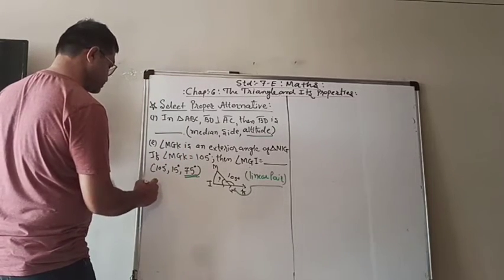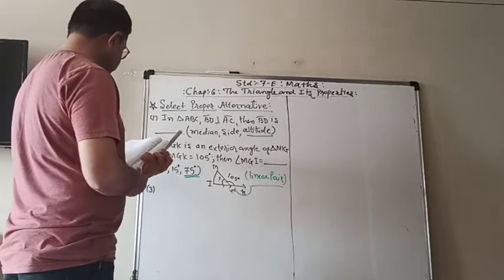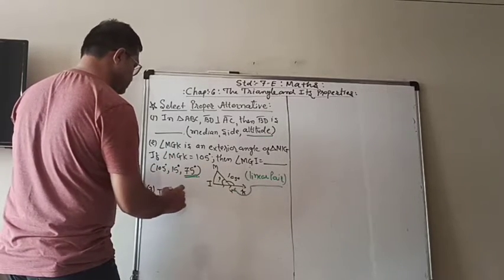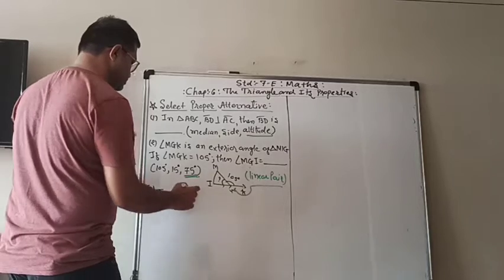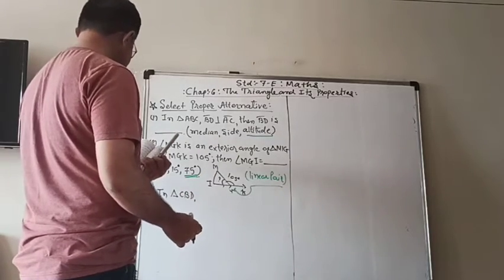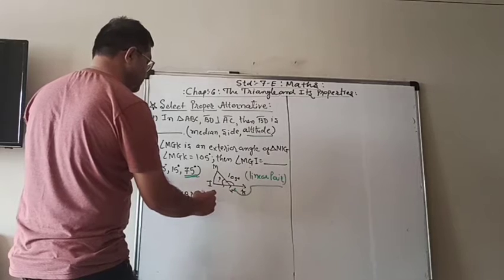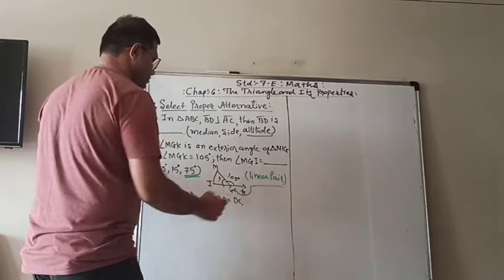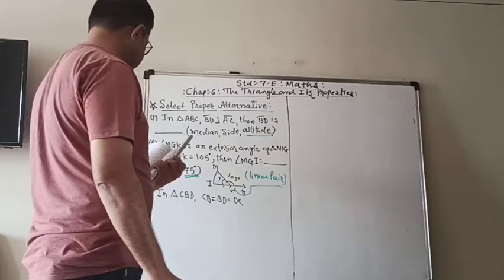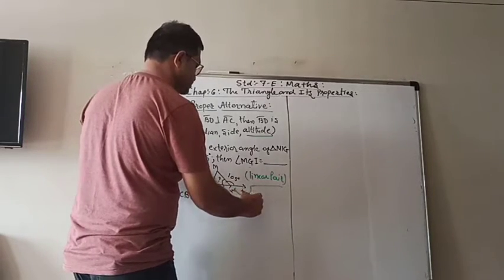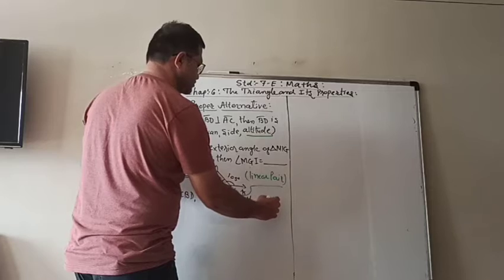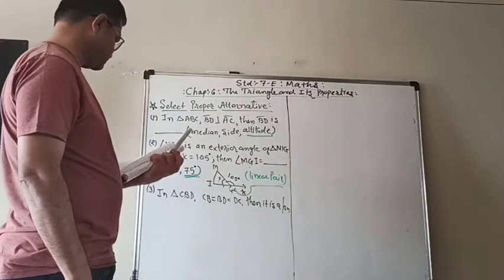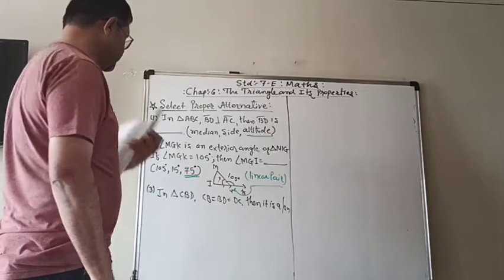Third one. In triangle CBD, CB is equal to BD is equal to DC. Then it is a blank triangle.